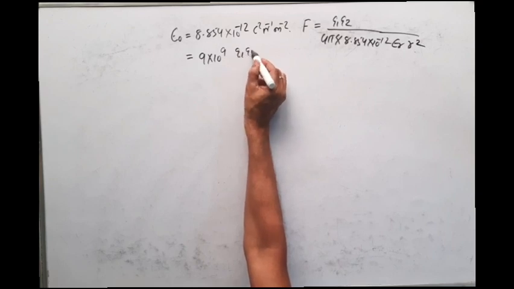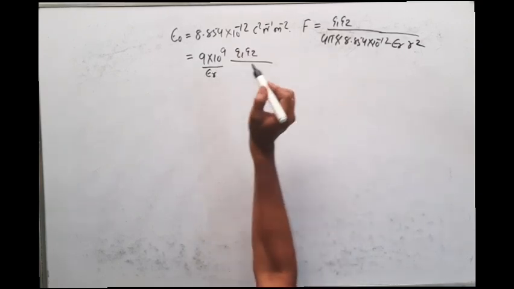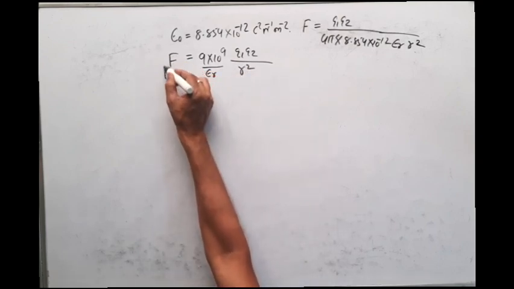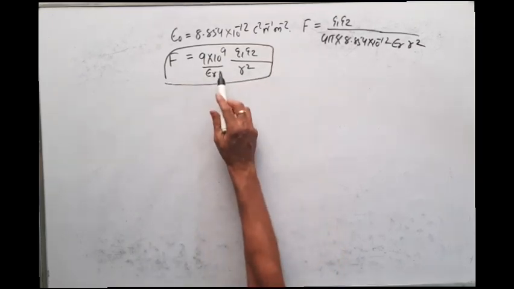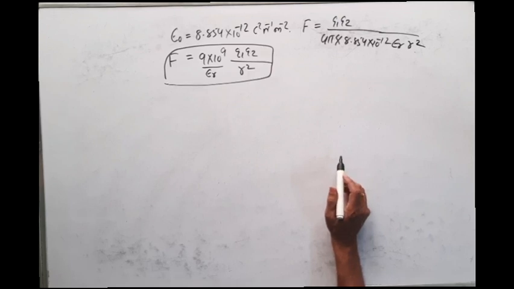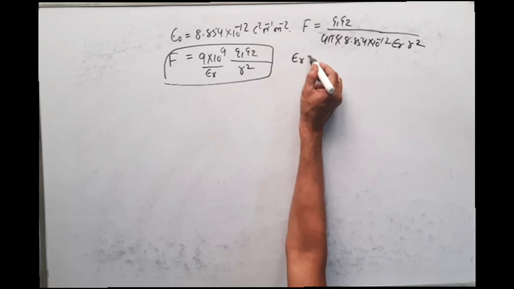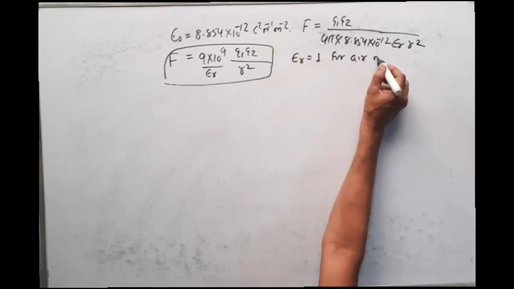So this is Q1 Q2 divided by epsilon r r square, the force between any two point charge bodies. You have to remember this, because based upon this you will get so many problems in the exam. Now, the value of epsilon r is equal to 1 for air medium.